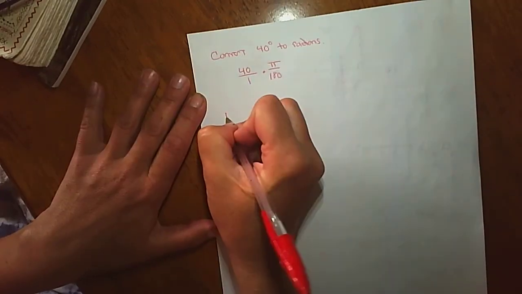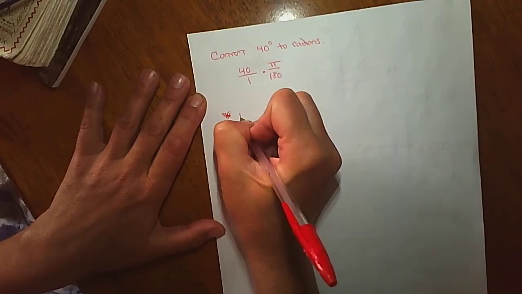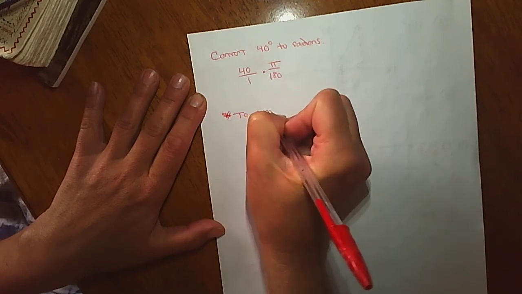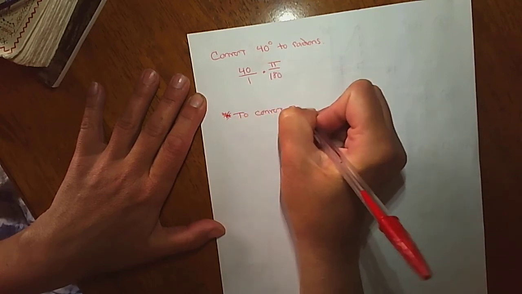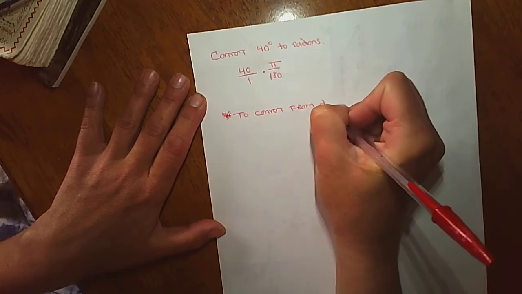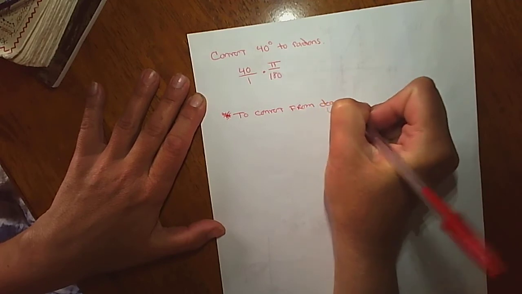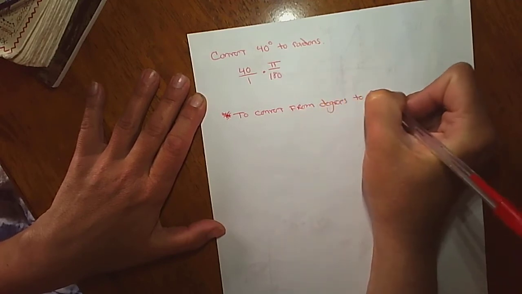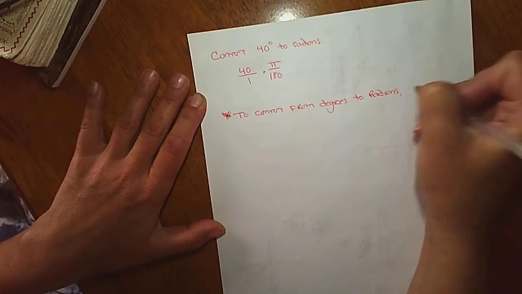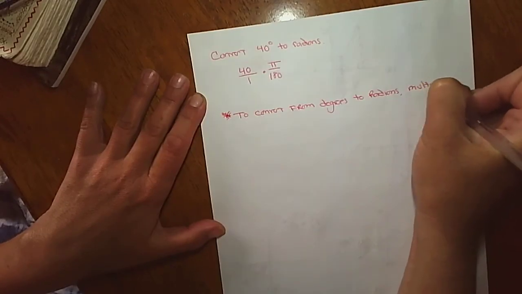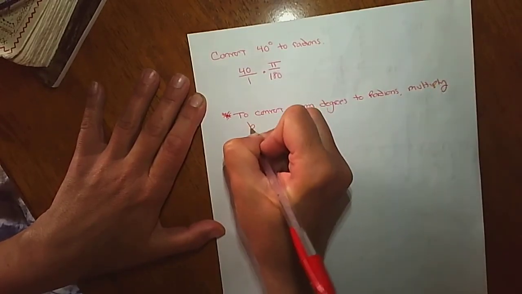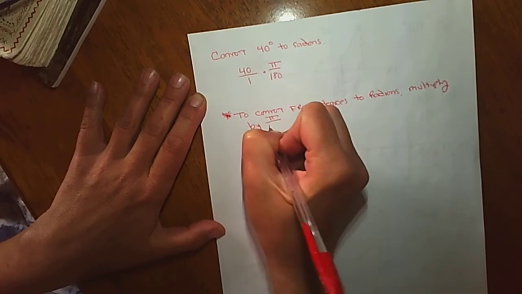So, we'll start here. To convert from degrees to radians, multiply by pi over 180.